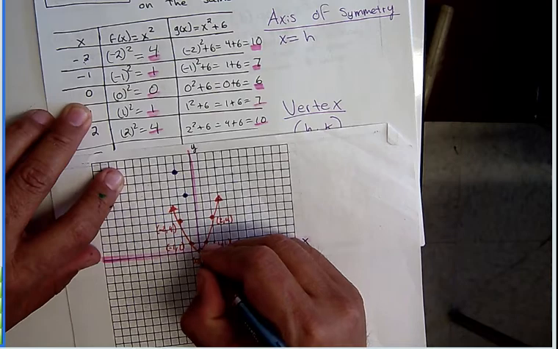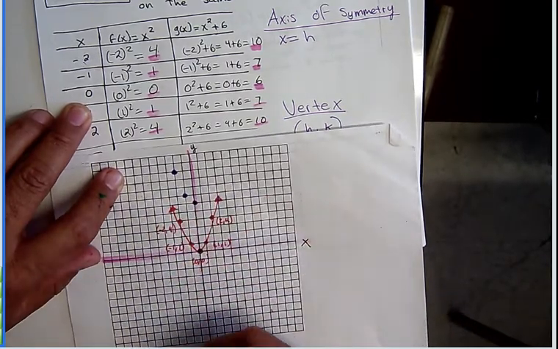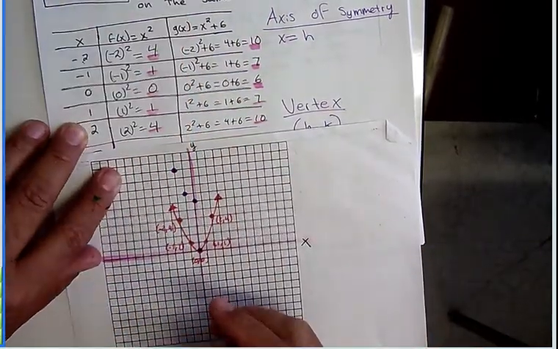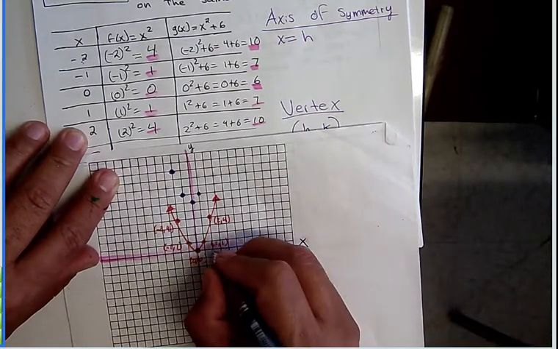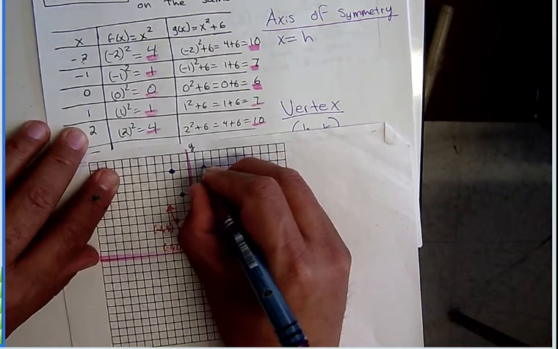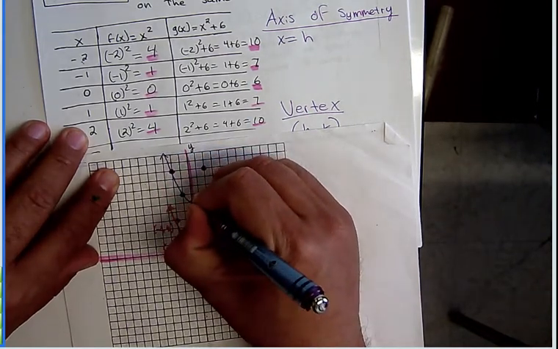Sorry guys, not 0, 0; I got confused because we're doing this one. Then 1, 7 again, and 2, 10 right there. So that's the other graph.